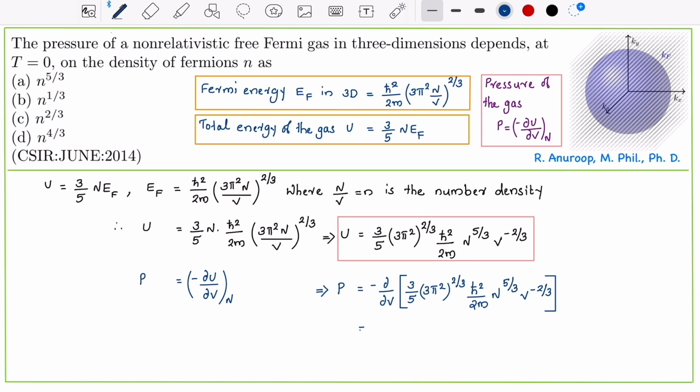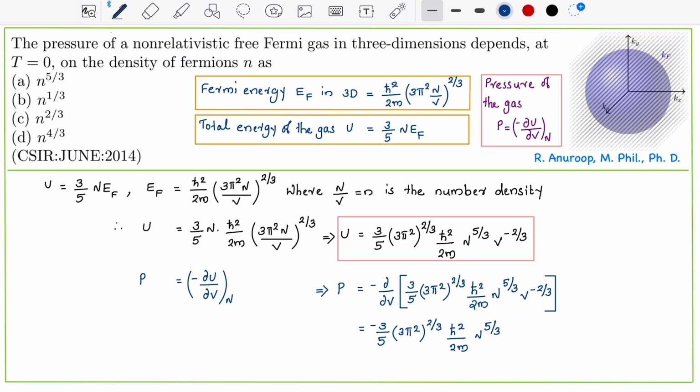Now the expression for pressure becomes 3 by 5 (3π²) raised to 2 by 3, then we have ħ² by 2m. Since N is a constant, we can also take N outside, then N raised to 5 by 3.